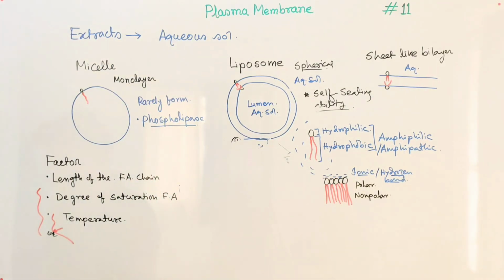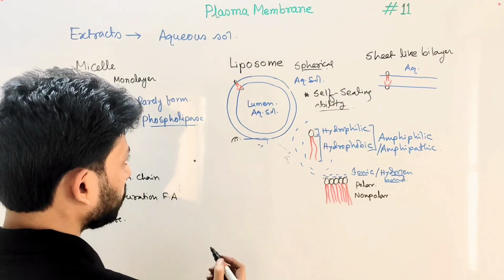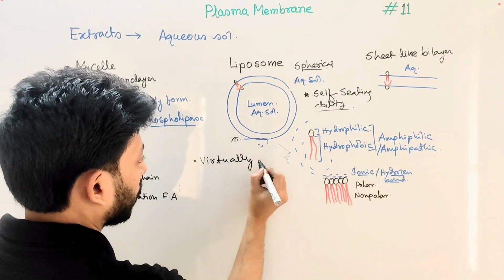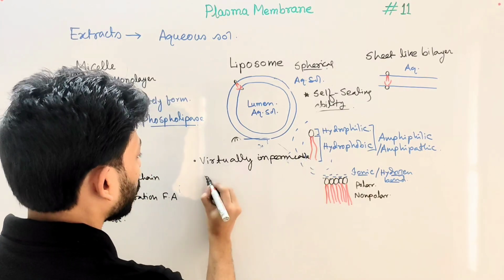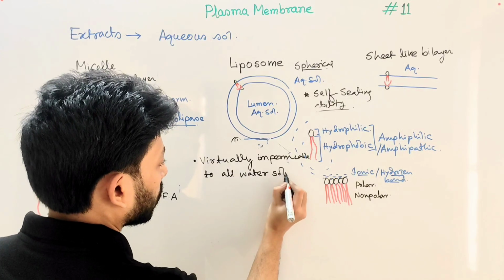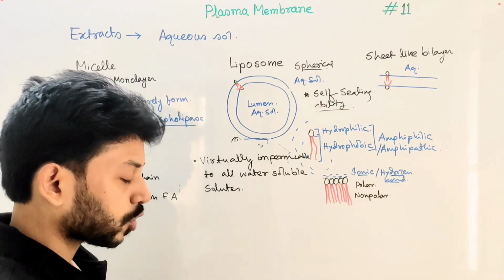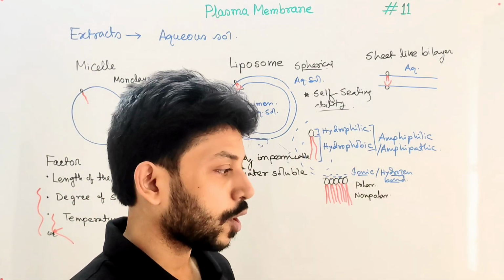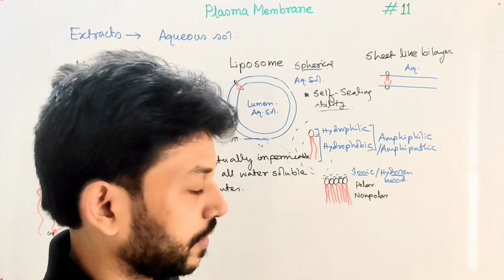The first is that they are virtually impermeable to all water-soluble solutes. Water-soluble solutes means molecules that are polar in nature, like glucose, fructose, ions, amino acids, ATP, or nucleic acids.